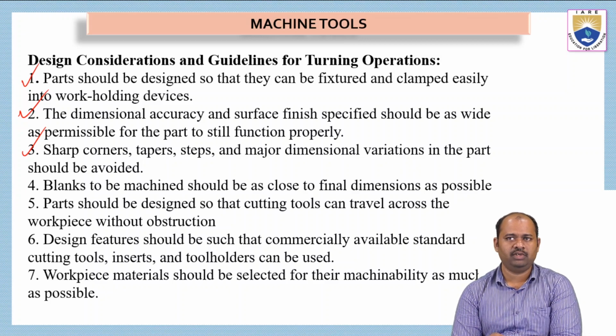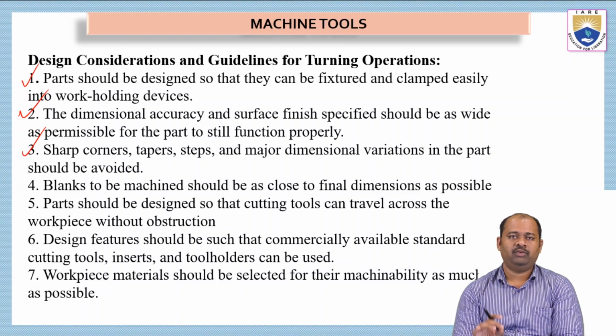And then major dimensional variations also should be avoided because we are doing the turning process on a rotating machine. That means a rotating machine called lathe machine is used. We have to keep the turning process as simple as possible because we can do this turning process easily when it is a cylindrical object.